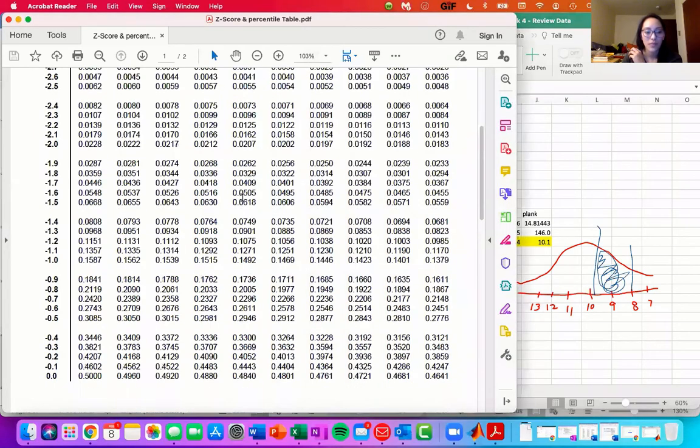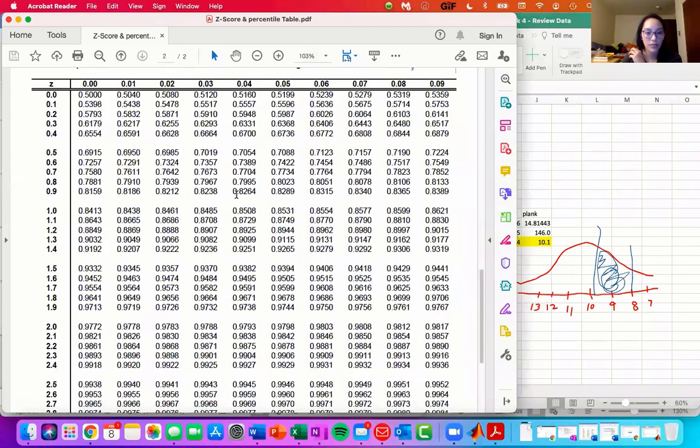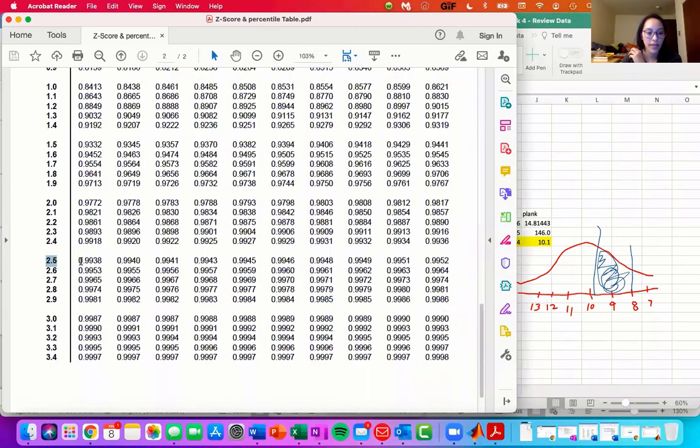So we're gonna look up 2.56 first. So that should be 2.5, right? And then we go 0, 1, 2, 3, 4, 5, 6. So the value of 8 should have 99.48% of the data underneath it.